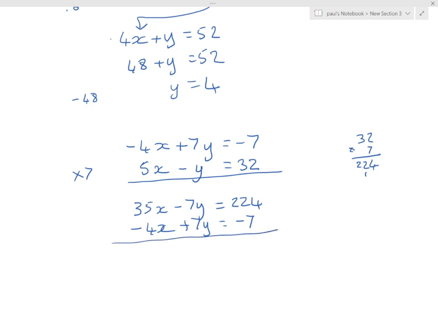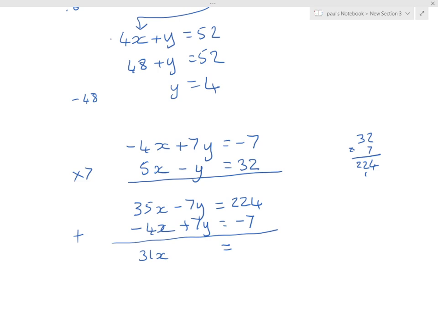Now we're going to add them together to cancel out the y's. So 35 and minus 4 is 31. 7 and 7 has disappeared. 224 add minus 7. It's just the same as taking it away, but it's a minus number, yeah.